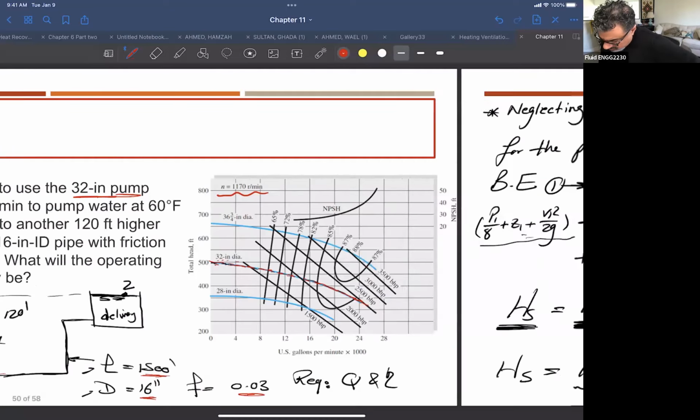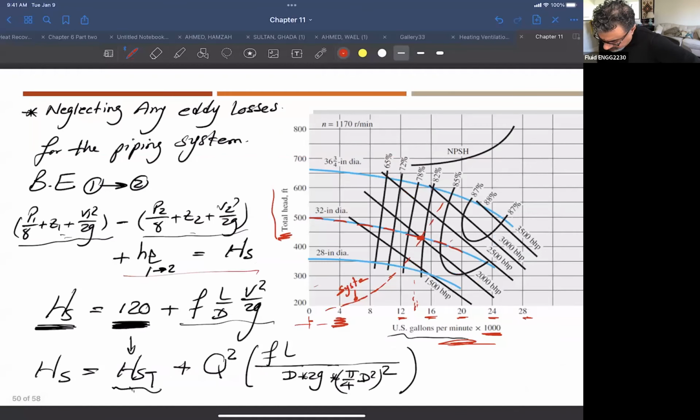So at the end, the system curve is your H static total, the head of the delivery tank minus the head of the suction tank, plus, in this case, we don't have minor losses, we only have friction losses. So only this term here, right? So I'm putting all this equation as a function of Q square.